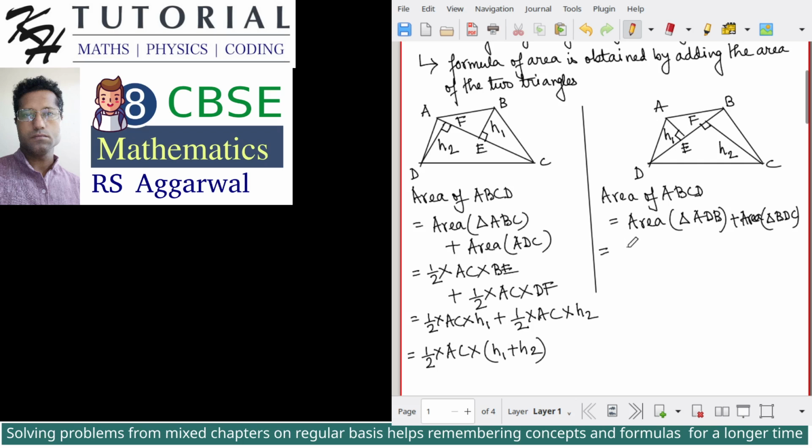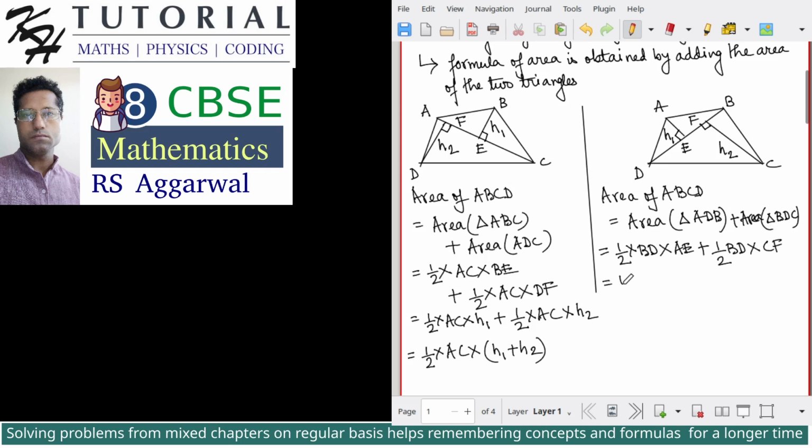So now the area of triangle ADB becomes half into base BD and its height AE, plus the area of the triangle BDC becomes half into the same base BD multiplied by its height CF.